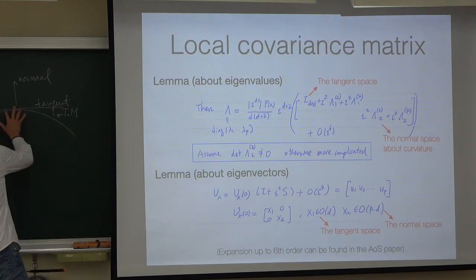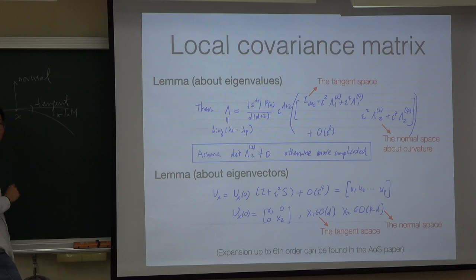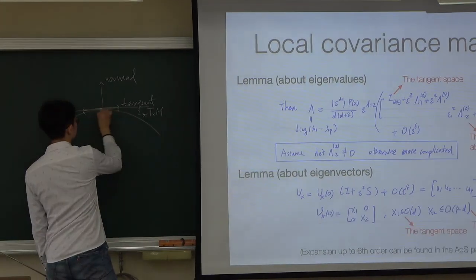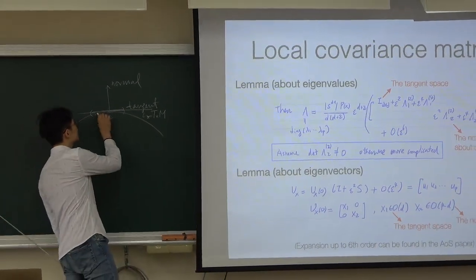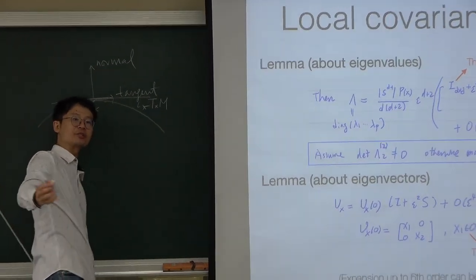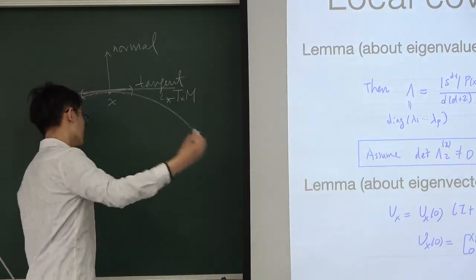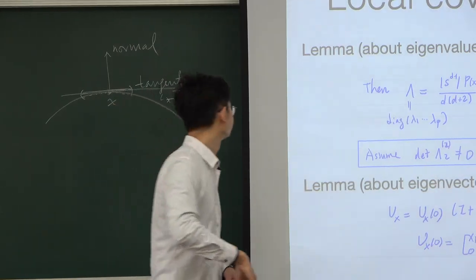Because when you do some local analysis, everything looks flat, but it's not truly flat. It is kind of slightly perturbed by the local curvature. But local curvature is of order epsilon squared, so everything will be perturbed by some error of order epsilon squared.